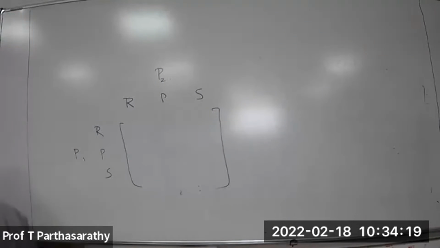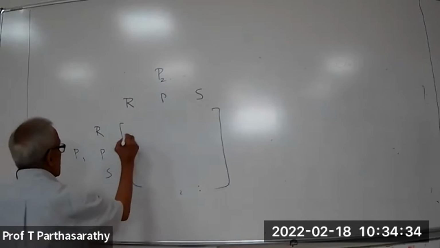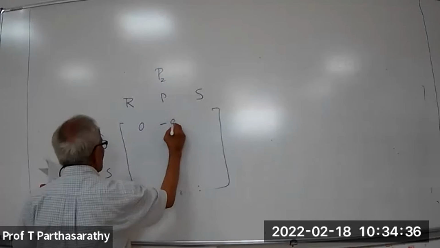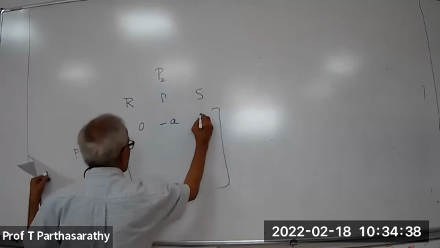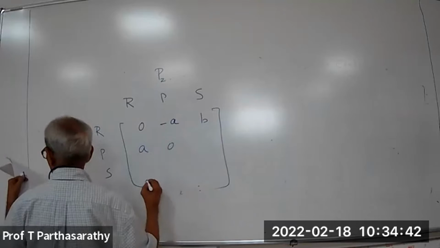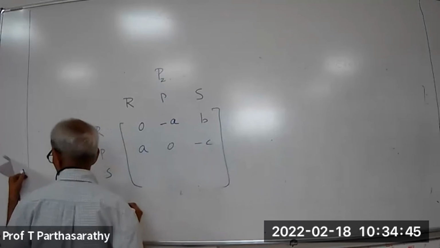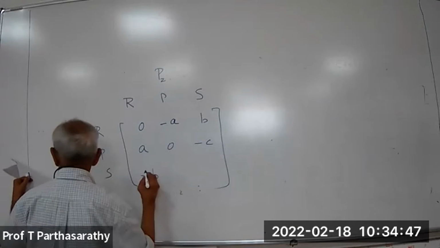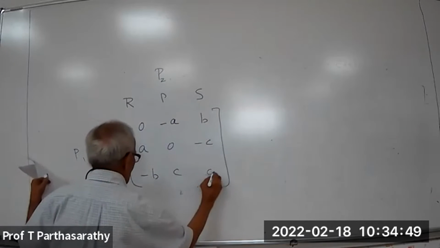What are the numbers? Without wasting time, let me write the numbers. And then I'll explain what this means. 0, minus A, B, A, 0, minus C, minus B, C, 0.